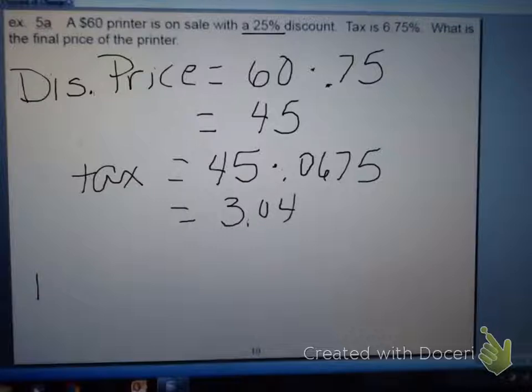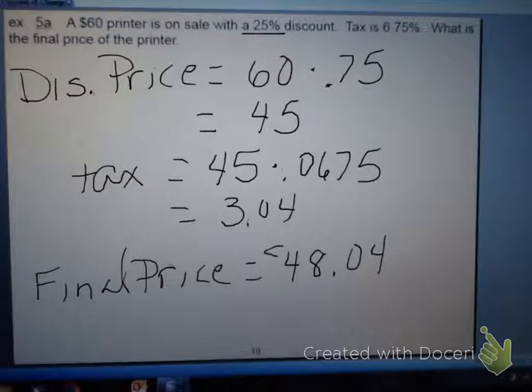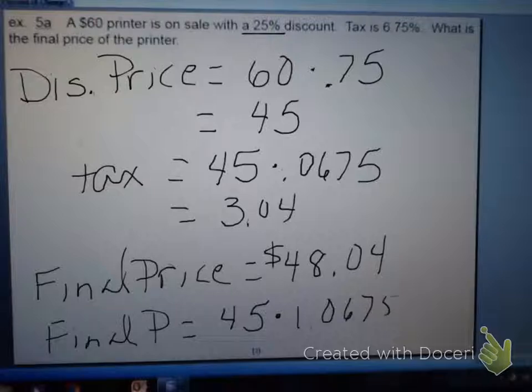So the final price is $48.04. And again, you could have skipped and gone straight to the final price: 45, put a 1 in front of the decimal, times 1.0675, and you would have gotten $48.04.